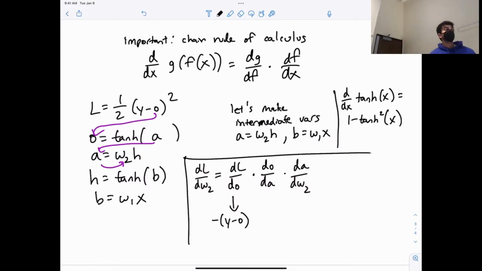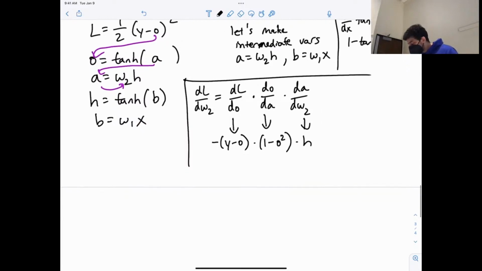This is the partial derivative of L with respect to O. Now, O equals tanh of A, so dO/dA we can get directly from the definition: 1 minus O squared. And then dA/dW2 should be pretty simple. It's H, right? And when we multiply these three terms, this altogether is our partial derivative.